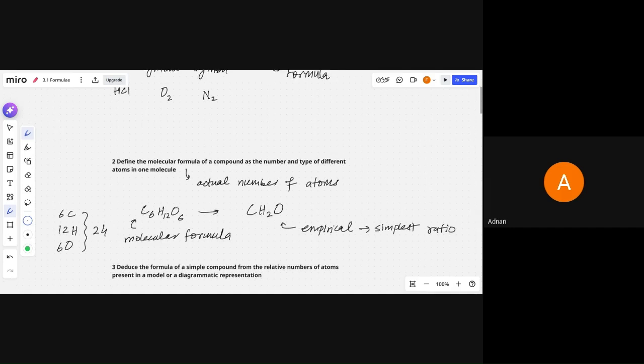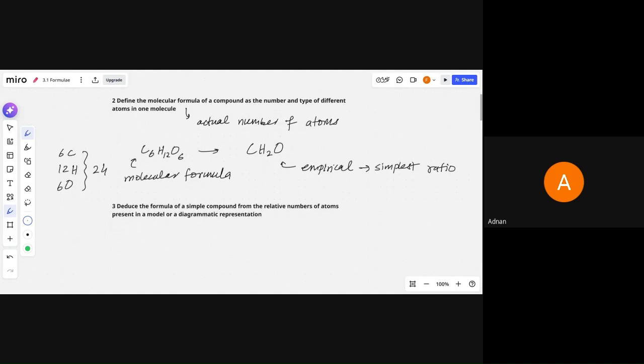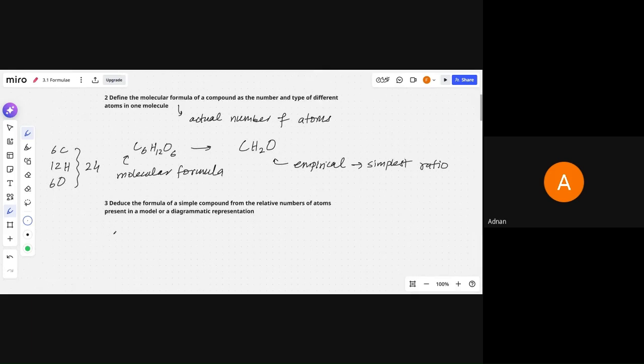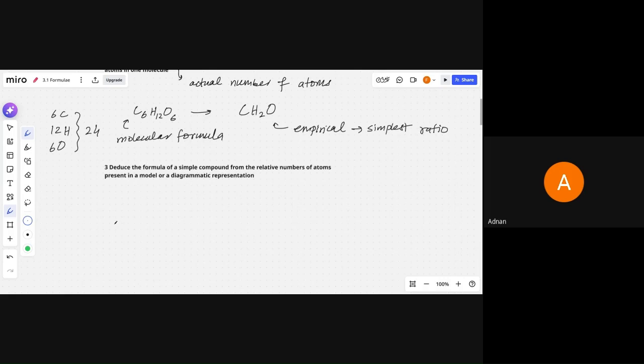Now we take a look at the third topic, which is: deduce the formula of a simple compound from the relative numbers of atoms present in a model or a diagram. This is very interesting. Let me draw this diagram for you.